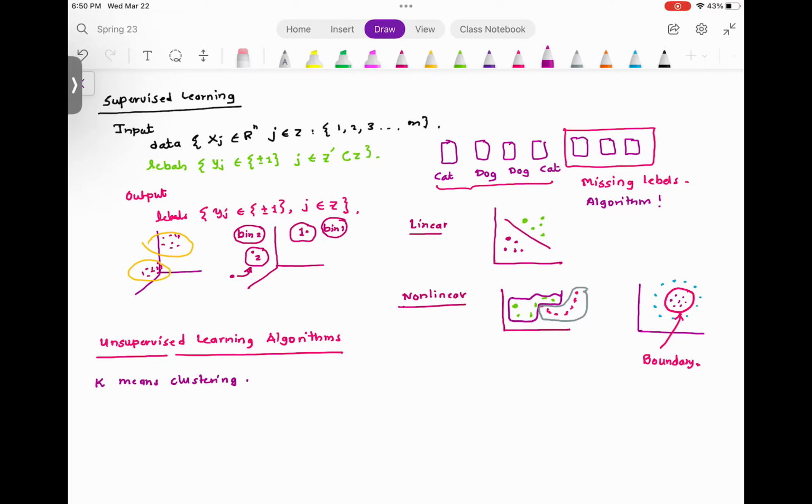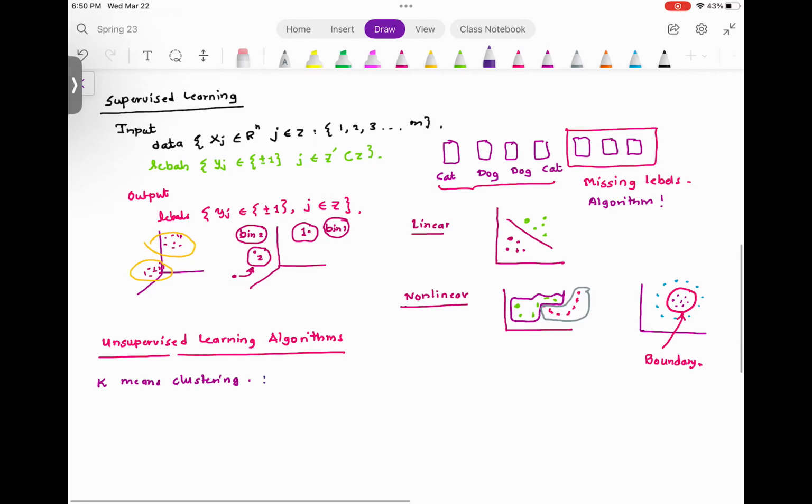Now, what do I mean by k-means clustering? If I were to write this algorithm down in words, it's basically a partitioning algorithm.